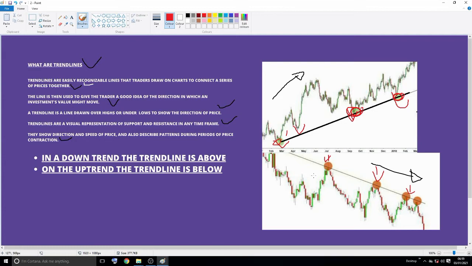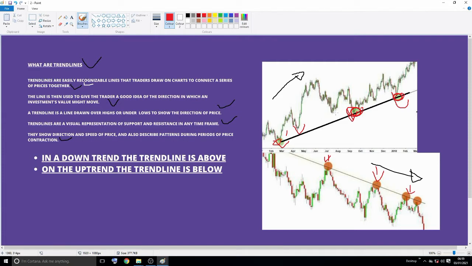looking for selling opportunities. So trend lines, they assist us. They are like support and resistance, but this time the line is falling or the line is rising, and you can have a strategy based on this. If you are using it correctly, you can have a full strategy trading this.